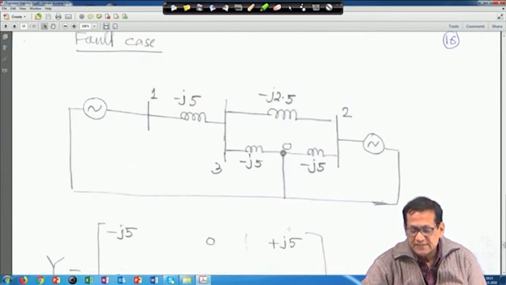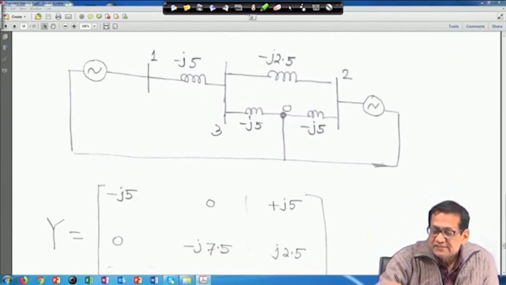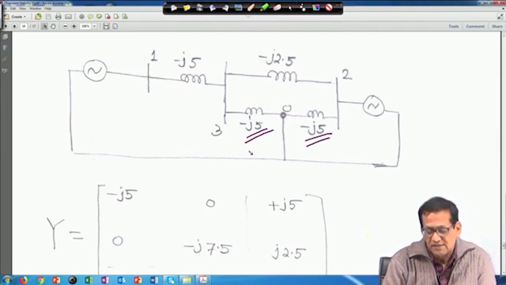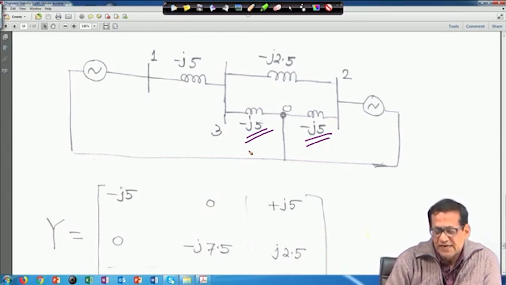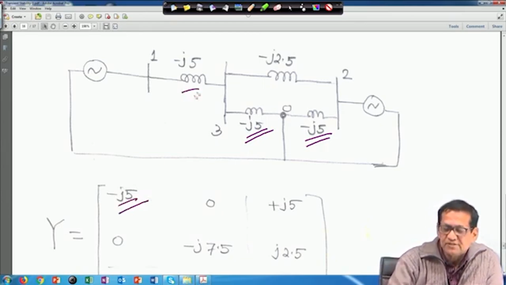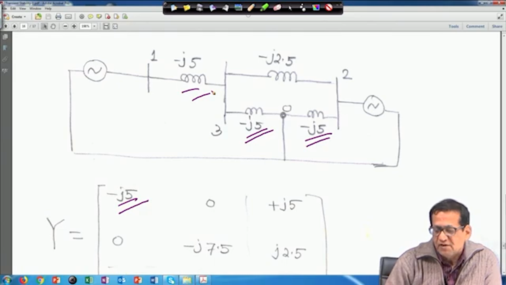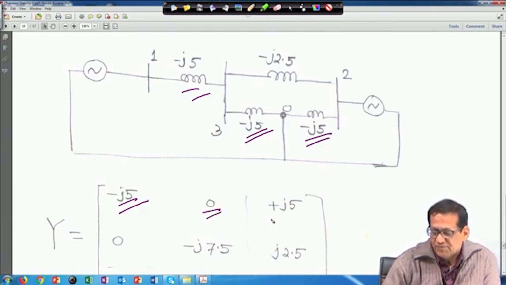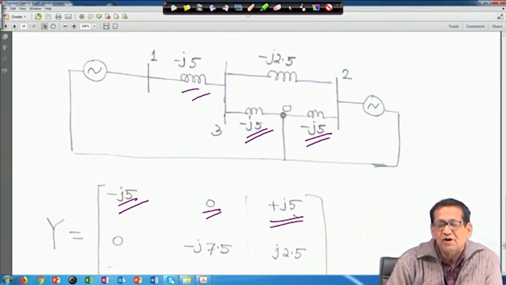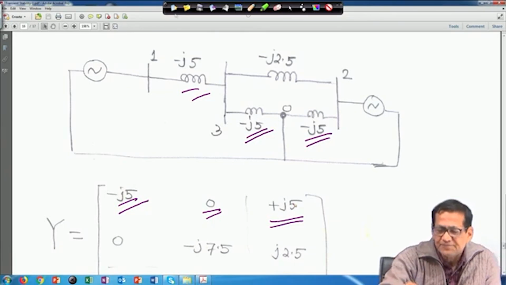If you construct the Y matrix, Y11 will be minus j5, Y12 is 0, and Y13 is minus of small y13, so it will be plus j5. This you know from your load flow studies.